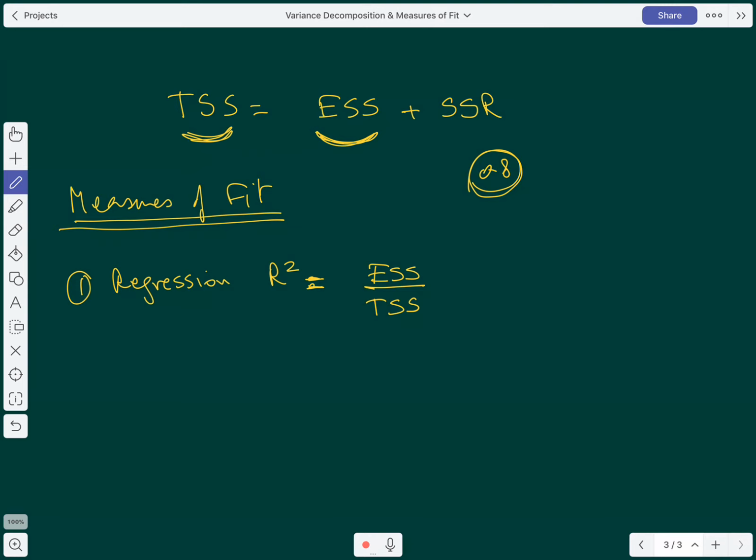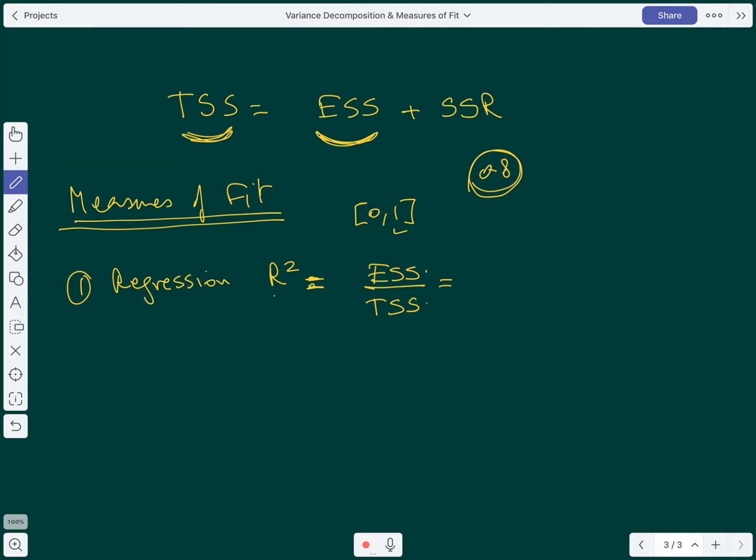It ranges from 0 all the way up to 1, where 1 is 100% explanation. So if this is equal to this, then I'm getting R square equal to 1, which means that all my regressors, all the x's I have in the model, are able to 100% explain the variations in the dependent variable, or y.